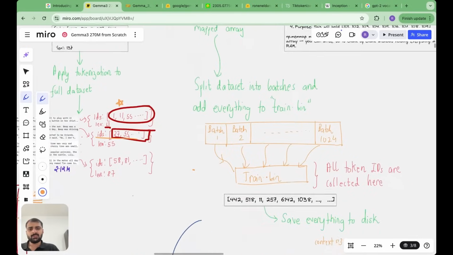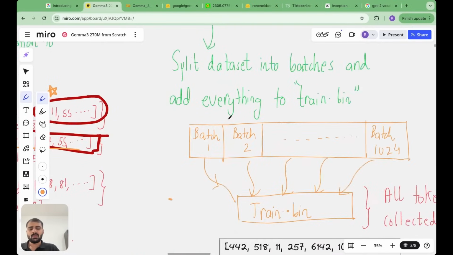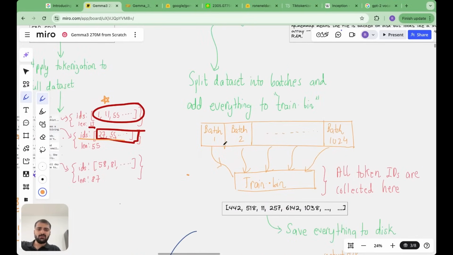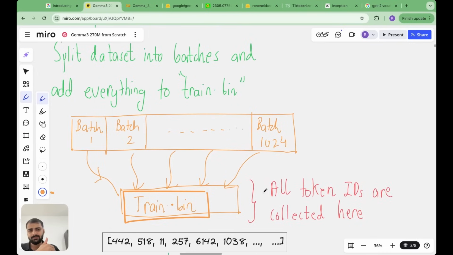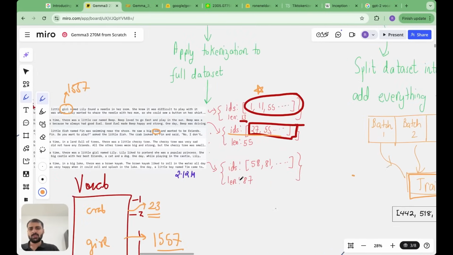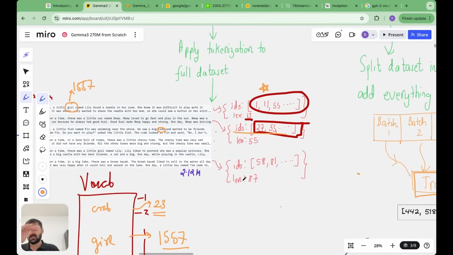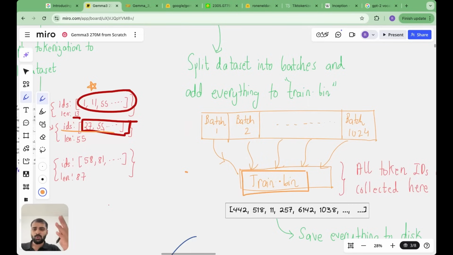We'll get all of our token IDs, collect them together, break them into batches, and each batch will be written to the train.bin file.